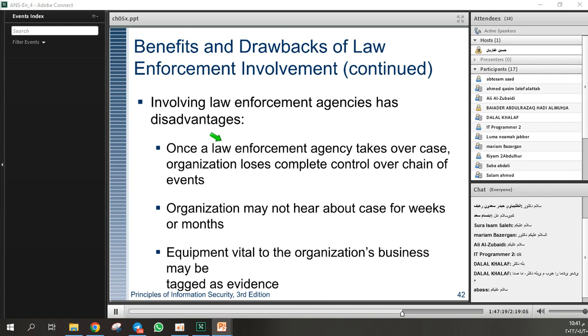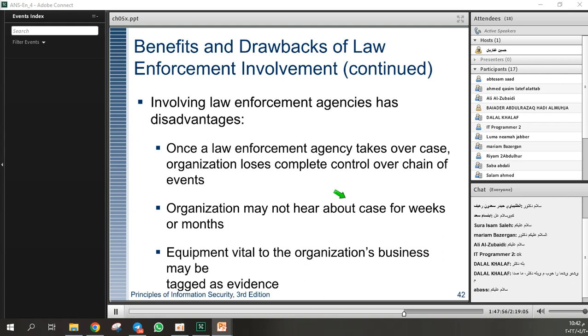the law enforcement has some disadvantages too. Why? If we accept a law enforcement agency coming inside my organization, once it enters and takes over the case, my organization will lose complete control over the chain of events.